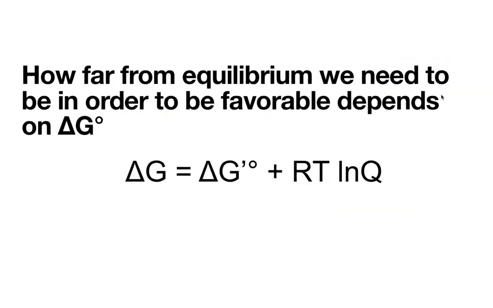This means that even if you have a reaction in which the delta G naught prime is actually positive, you can have a situation where your concentrations are so out of whack, your Q is so much smaller than your KEQ, that this reaction is actually going to be favorable.